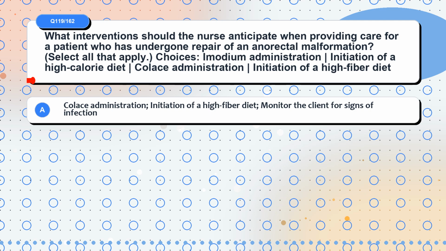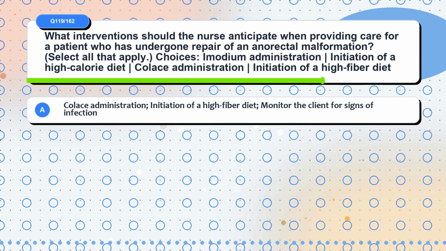Question 119. What interventions should the nurse anticipate when providing care for a patient who has undergone repair of an aortic malformation? Select all that apply. Choices: Imodium administration, initiation of a high-calorie diet, Colace administration, initiation of a high-fiber diet. Here are the options.